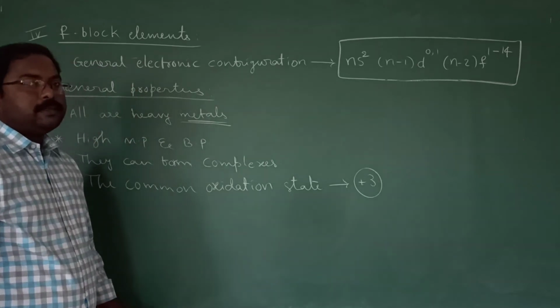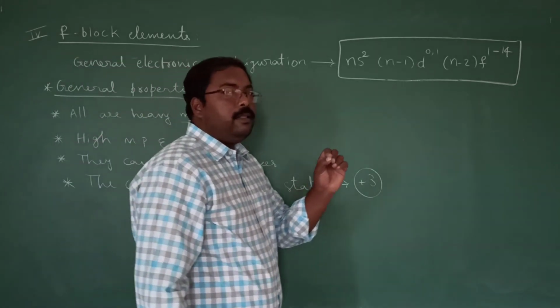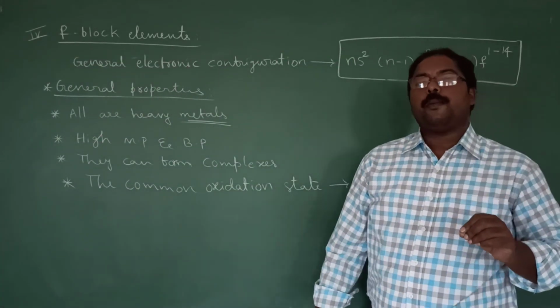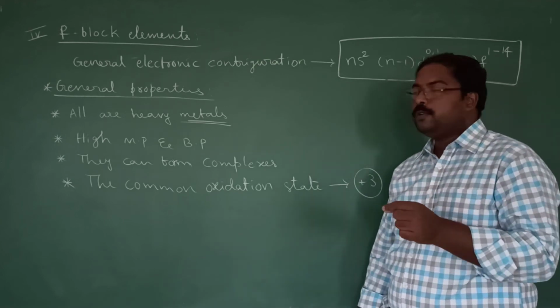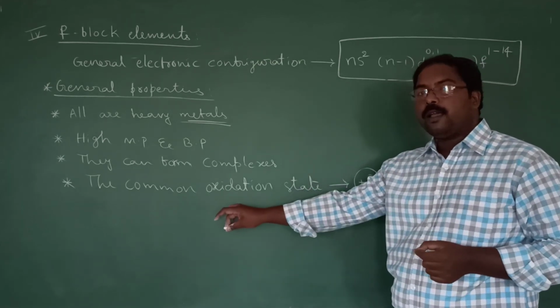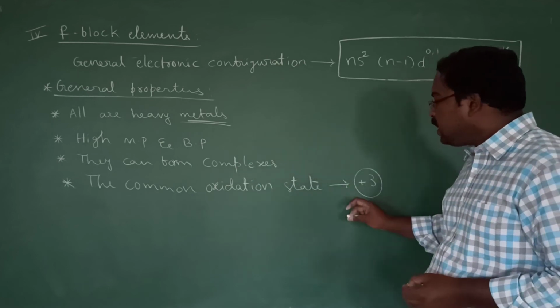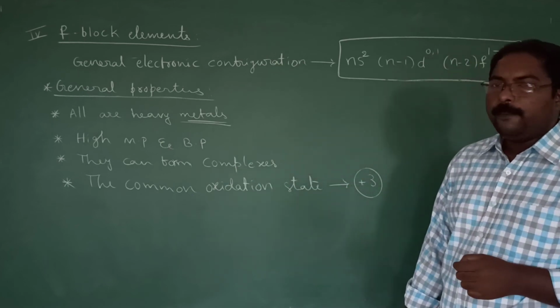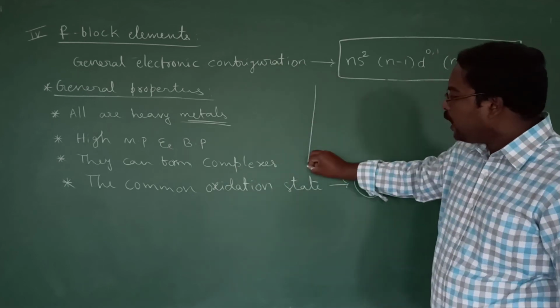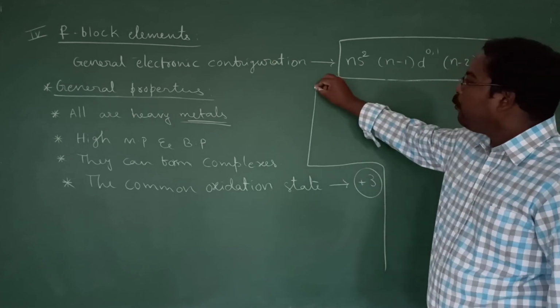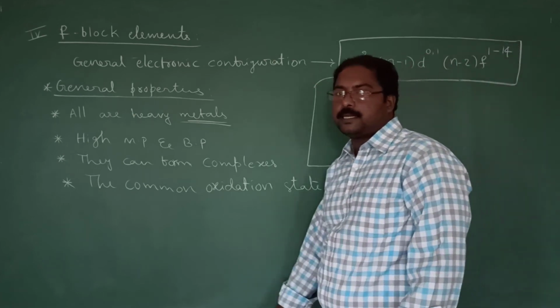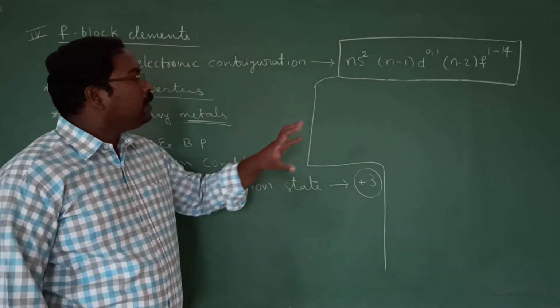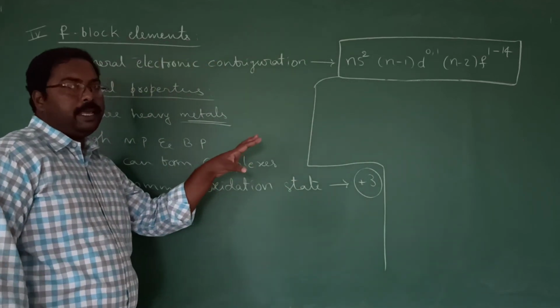So remember this point: for the D block elements the common oxidation state is plus 2, but for these F block elements the common oxidation state is plus 3. In detail, the remaining properties we will discuss in the F block elements lesson. We should have clarity here.